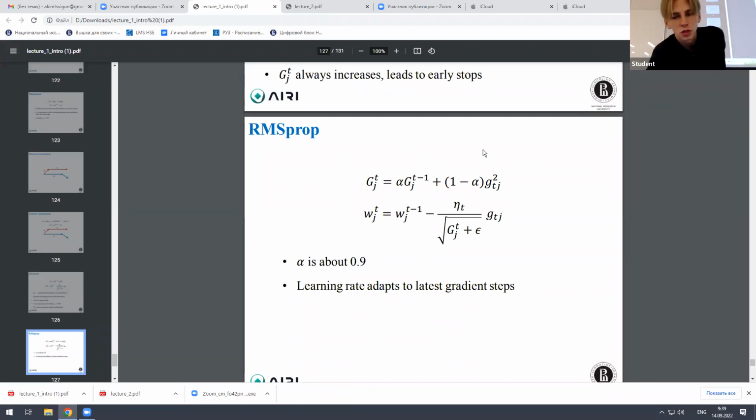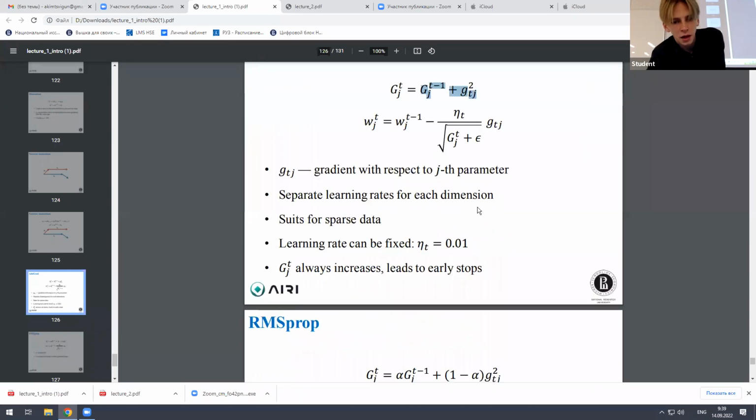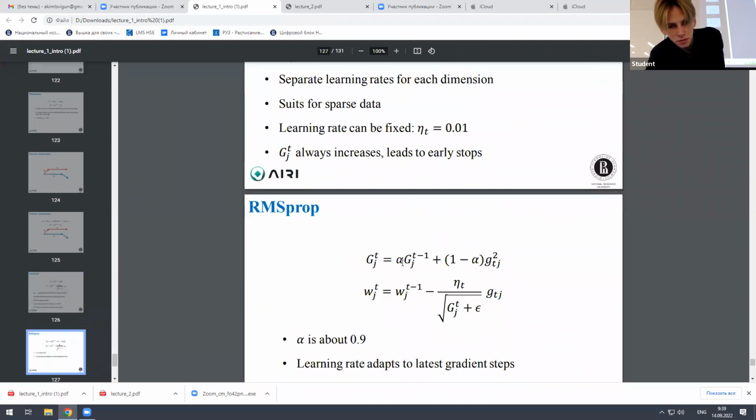So the only difference with Adagrad is that we add this momentum style to the previous formula. Previously it was just accumulating, and now it's with coefficient alpha, so that when after some large amount of steps, it was not changed a lot, the gradient was very low, this part can restore, it can again become a small value, so that our parameter will be changed significantly.